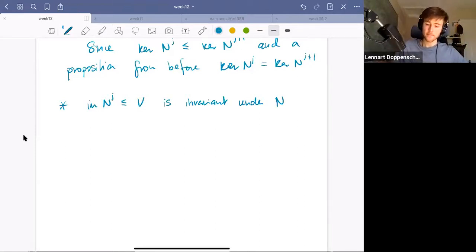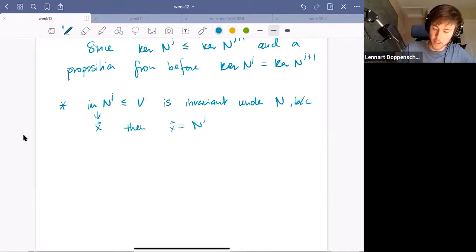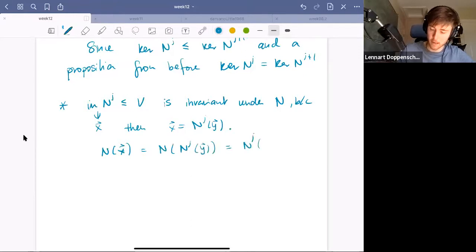It just follows because suppose you have x in here, then x is n applied j times to some other element y. But then if you apply n to x, the question is, is this still in the image? Well, we just write this as n applied to n to the j applied to y. This is n to the j applied to n of y. So this is still in the image of n to the j.